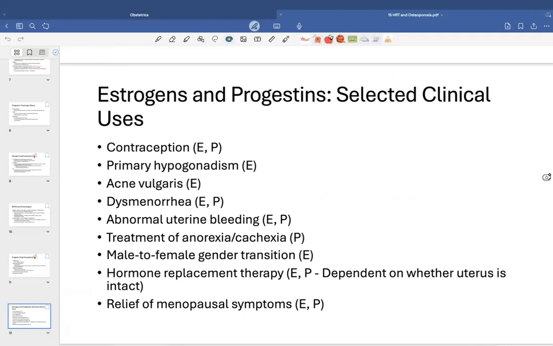What I want you to take away is how the regimens may differ, such as duration of therapy and doses. Like always, we're not necessarily going to hold you responsible for specific dosing, but for example, in the setting of abnormal uterine bleeding, there are certain ways to approach estrogen treatment versus long-term hormone replacement. So we will touch on each of these indications in turn, starting with primary hypogonadism.